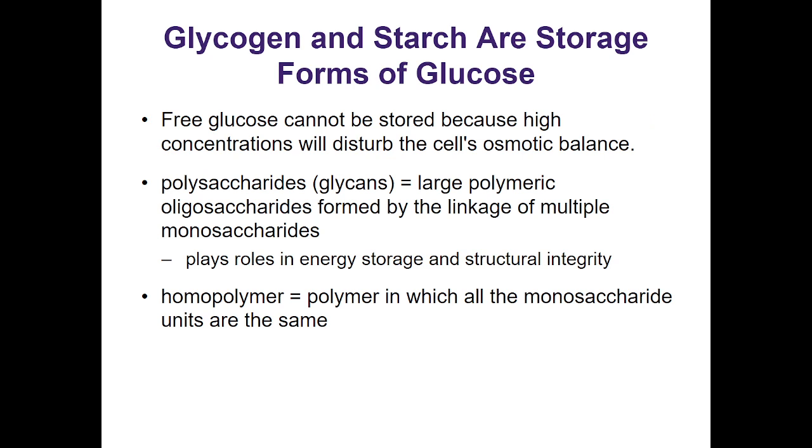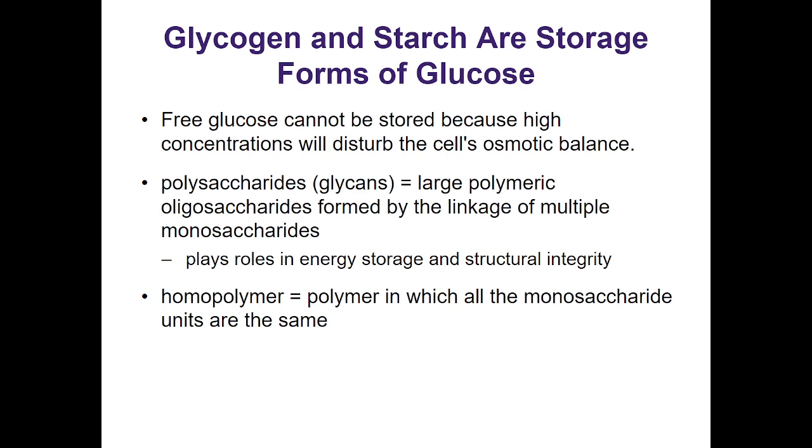It's weird. Anyways, glycogen and starch are going to be storage forms of your glucose. Free glucose cannot be stored because high concentrations are going to disturb your cell's osmotic balance. It would also start causing reductions, right? You start reacting with proteins.